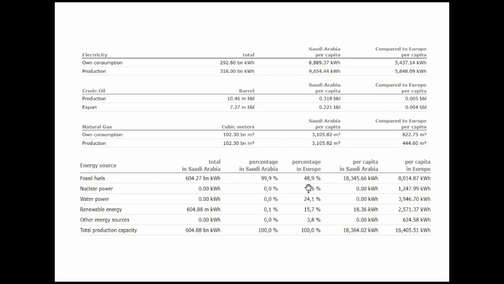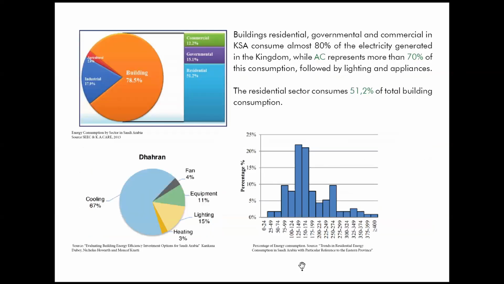In Europe, which I am comparing because I studied there and I'm European, fossil fuels are about 48.9%, while renewable energy is about 15.7%. It's not a very high percentage for Europe, but it's going to rise, because under the new standards, all new buildings will have to be zero energy buildings from December 2020.